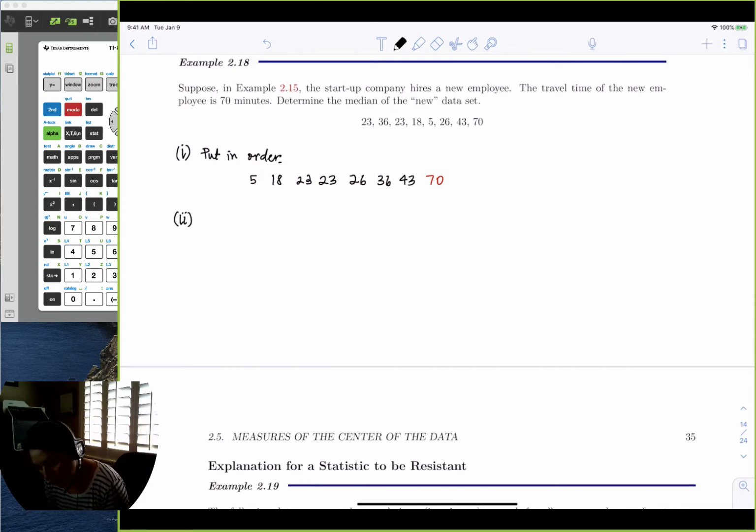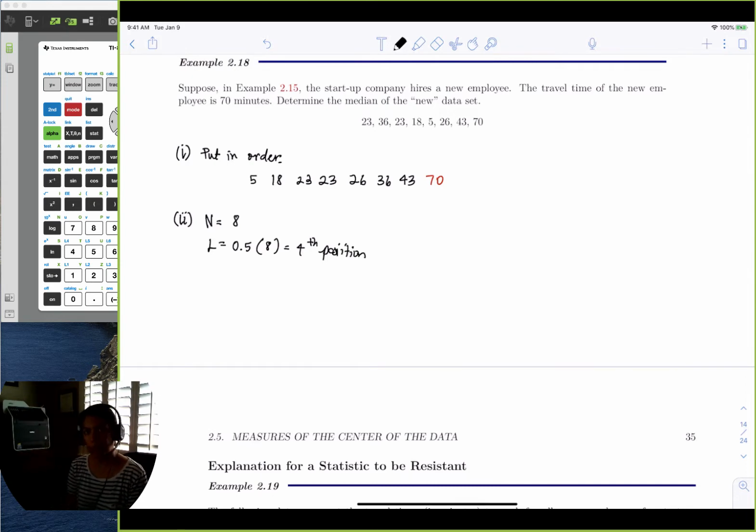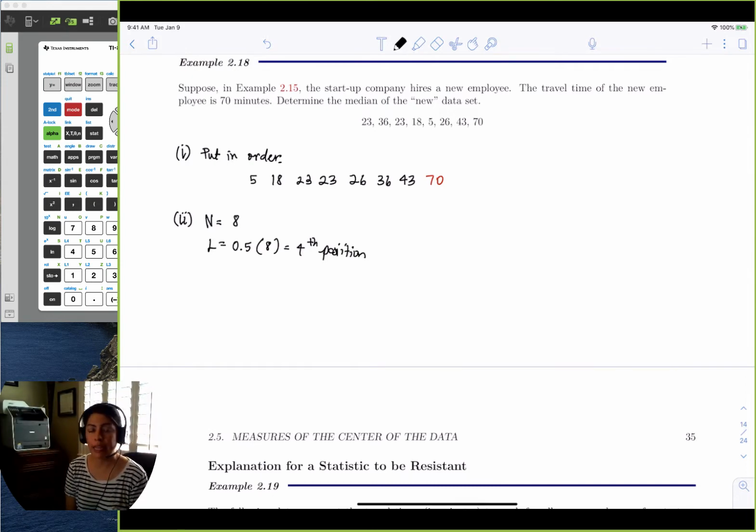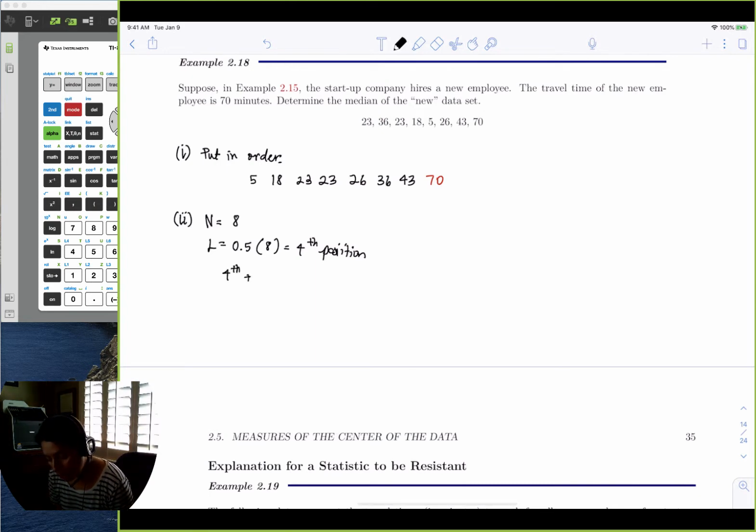now we can go ahead and determine the locator. So now we have 8 pieces of data, and the locator is going to be 0.5 times n, and that's 4. So that's the 4th position, right? But because it's a whole number, remember when the locator is a whole number, you take that position plus the one next to it and then divide by 2.